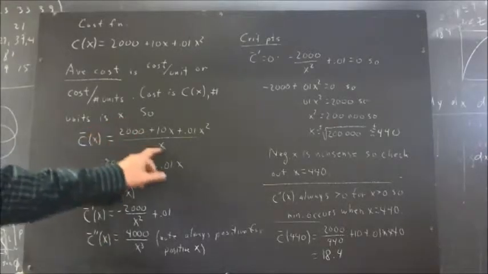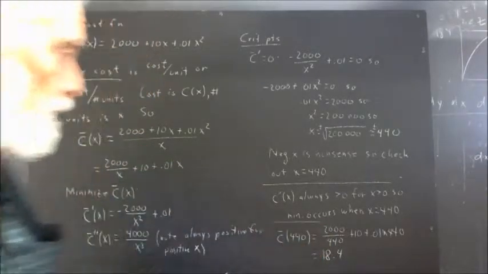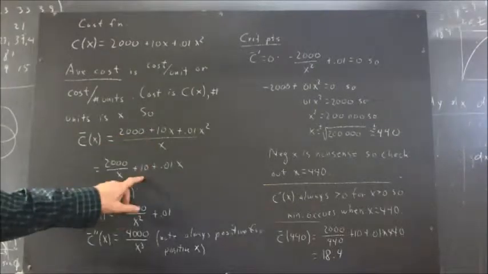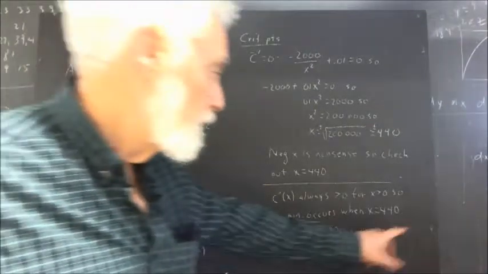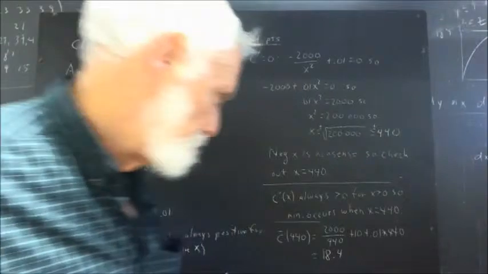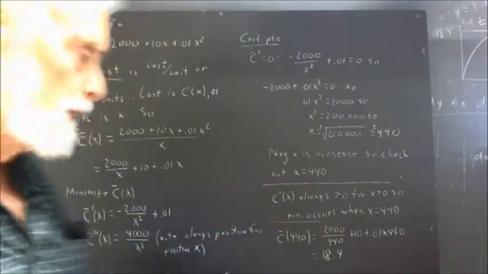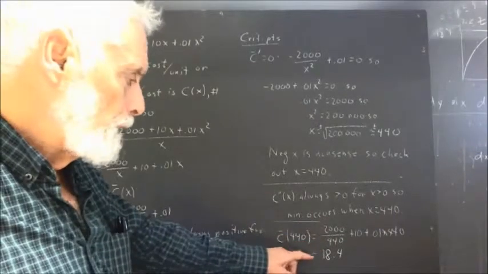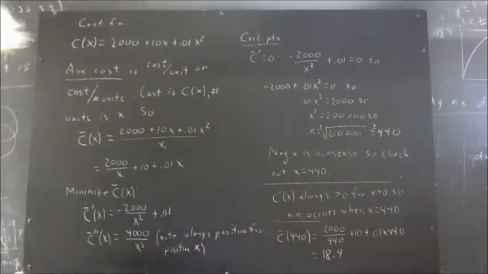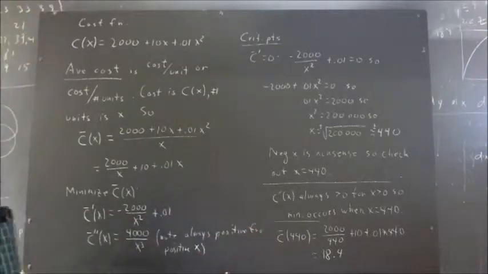So we do 2,000 over 440, plus 10, plus 0.01 times 440. And I believe that comes out around 18.4. So we'd manufacture 18.4 of these to minimize the cost of producing them.